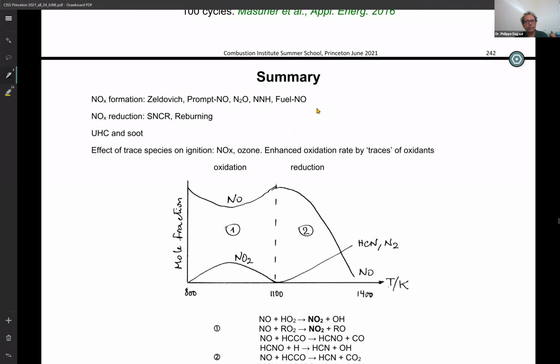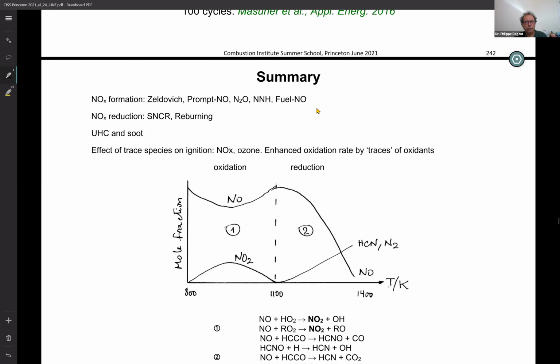Then we presented the reactivity of unburned hydrocarbons and some processes that can produce soot. And finally, we also looked at the different components that can be present on the surface of soot.